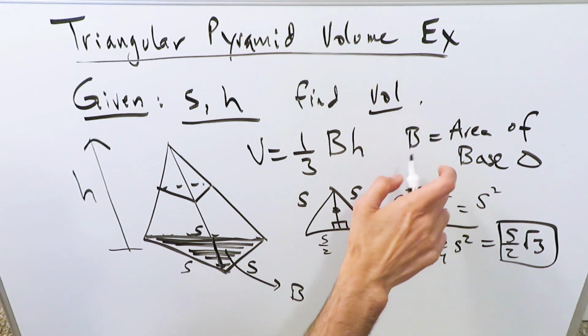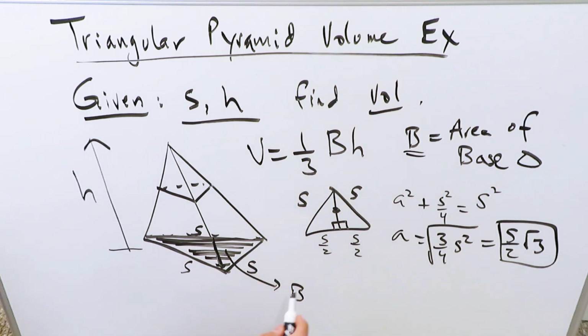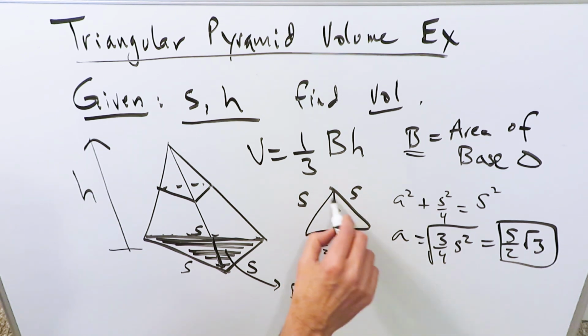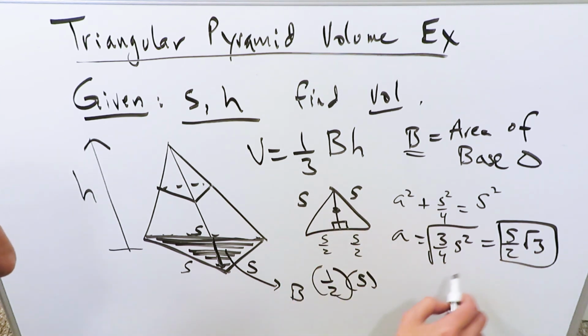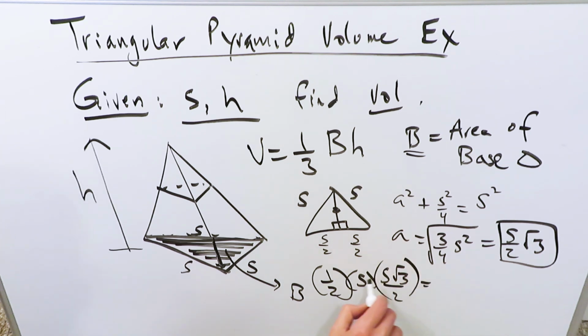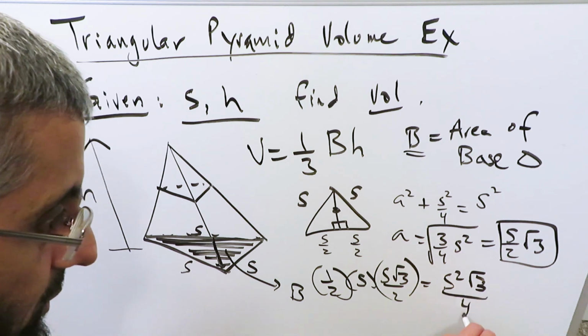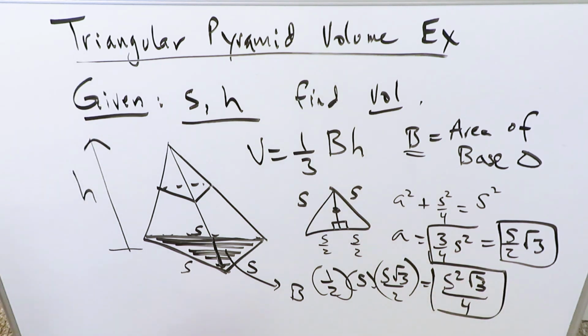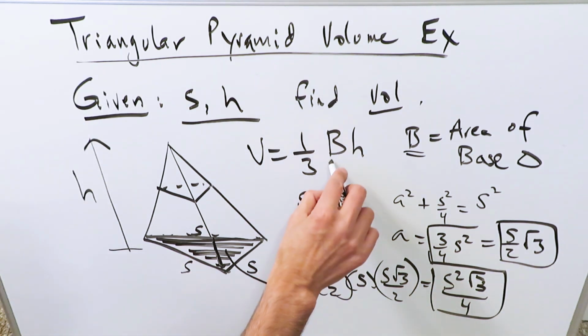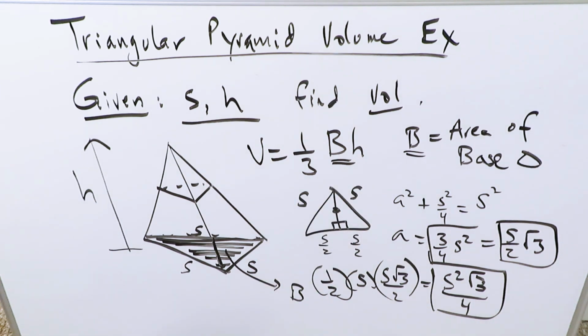I can easily determine now the area of this base, using my half base times height area formula for a triangle. It's equal to half times base, which is S all the way around, times your height, S root 3 over 2. When you bring all of this together, you have here S squared root 3 over 4. This represents your base area. Now let's talk about the volume.